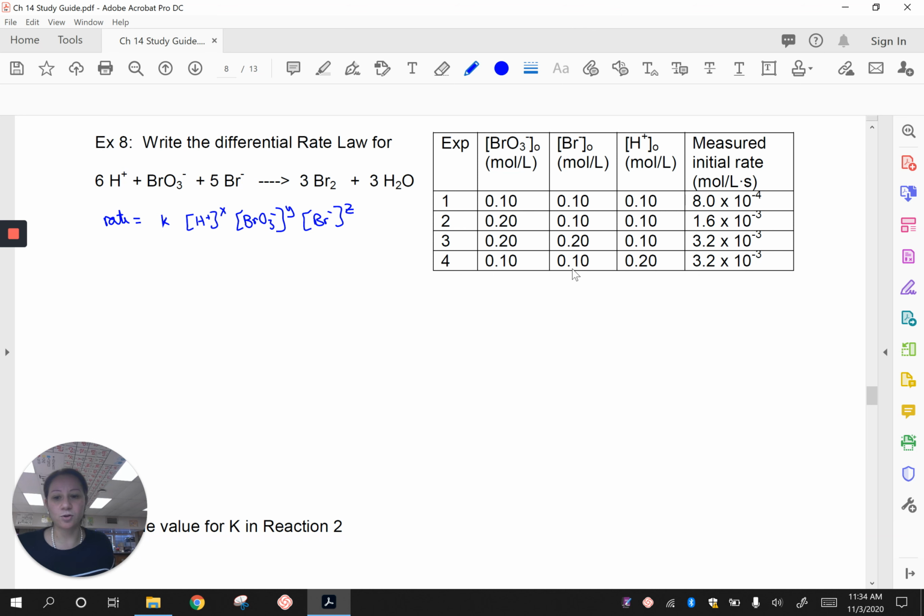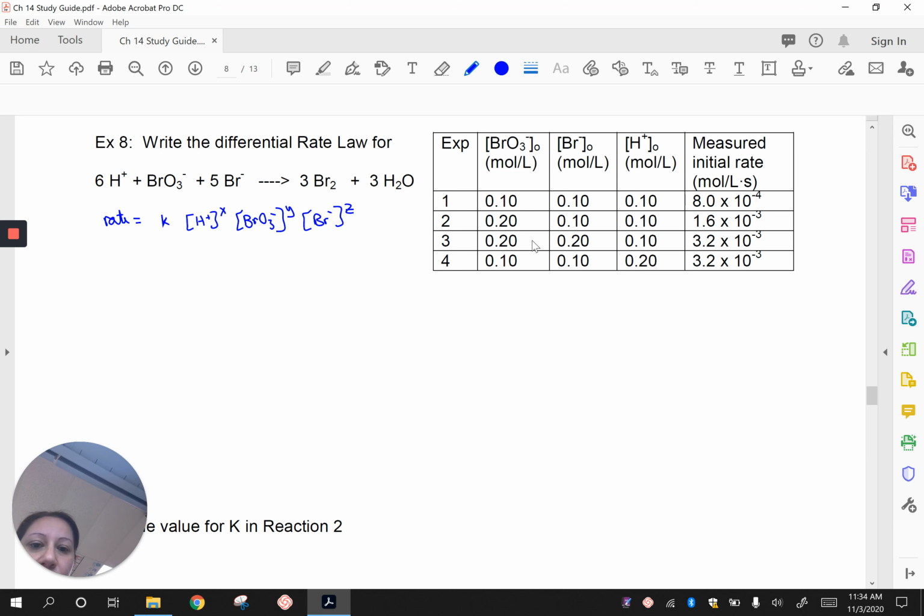In here, the numbers are relatively easy, and in the previous example, they were also relatively easy, but I'm going to write it out a little bit more mathematically to show you another way. Instead of writing it in words, this doubles, and this triples, and so on, we'll show a little bit more math. So I'm going to start with my H plus. I want to look at two reactions where my H plus is changing, but my other two are remaining constant.